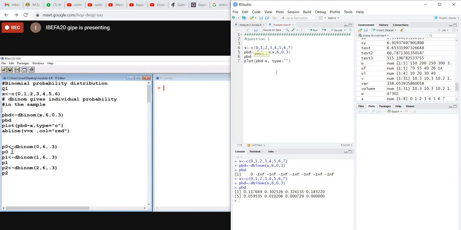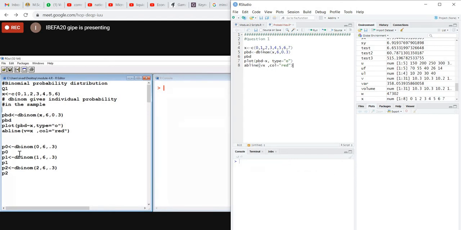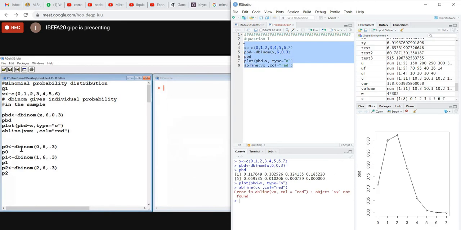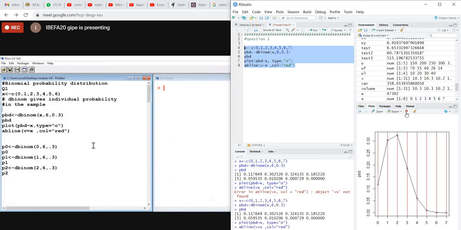I denote PBD. P stands for probability, BD stands for binomial distribution. That is my notation; any notation you can use. dbinom, my characteristic, sample size, and probability of success.